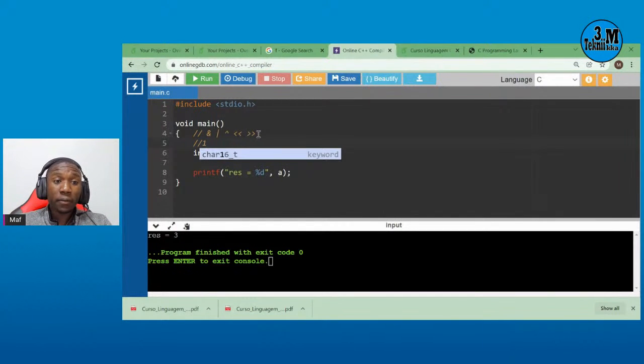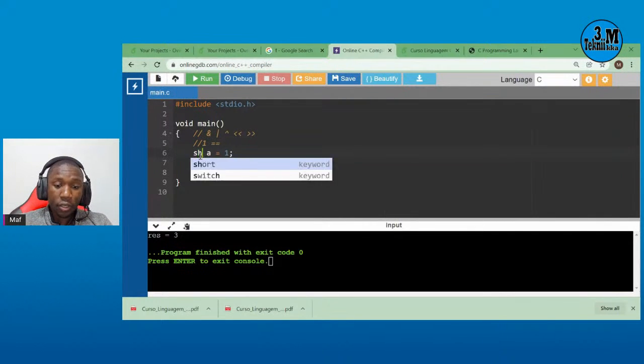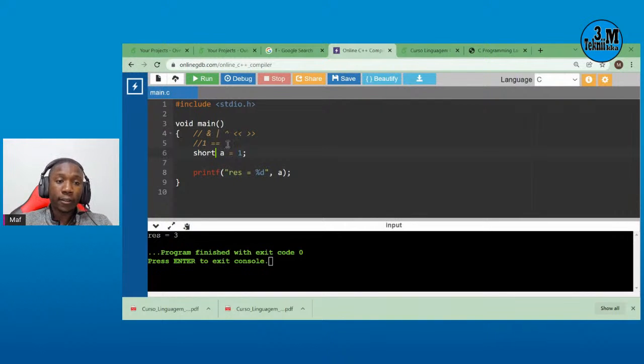If you have the number one, let's consider all the numbers are short. They have 8 bits. In this case, 1 is 0, 1, 2, 3, 4, 5, 6, 7, 8. And this is 1. This is the one in binary, okay? What about 2? 2 is something like this. 1, 2, 3, 4, 5, 6, 7, 8.